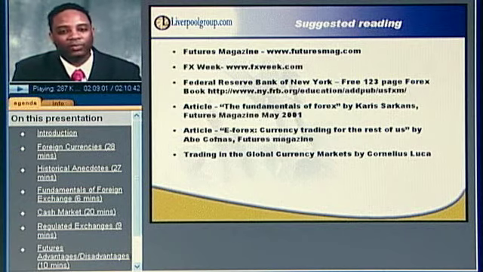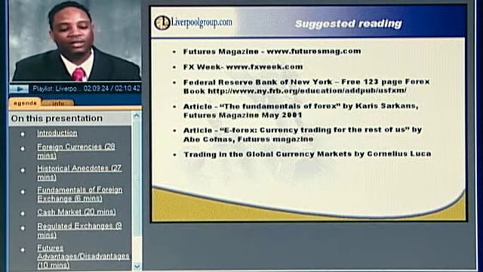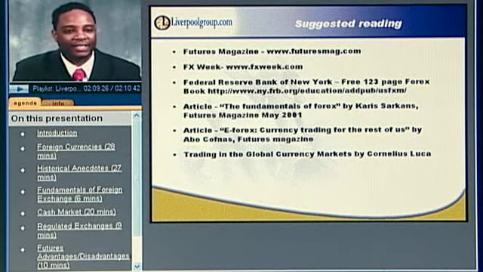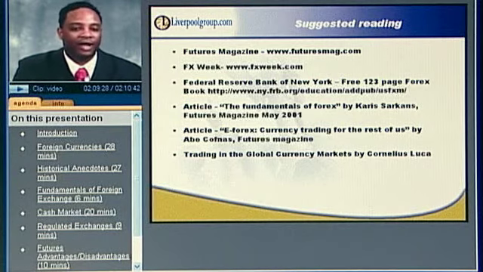I suggest you work with a broker or someone who understands both the futures market as well as the OTC Forex side of this currency trading phenomenon, and get ideas and work with them to speed up your learning process in trading these markets. Lastly, Cornelius Luca, great writer, has written several books on trading currencies. My favorite book of his is Trading in the Global Currency Markets, and it's definitely something worthwhile to have in your library.